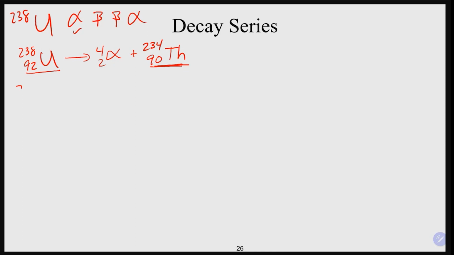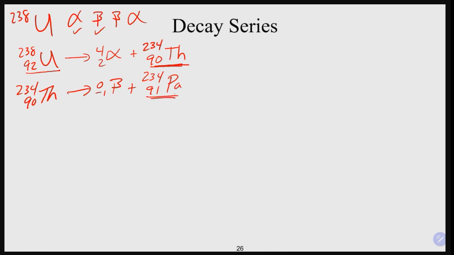So then this one will go through the next decay process, which in this case happens to be a beta decay. And what will happen is we will have our beta particle given off on the other side. In this case, we need 91 on this side and a 234. 91 on the periodic table is our PA.